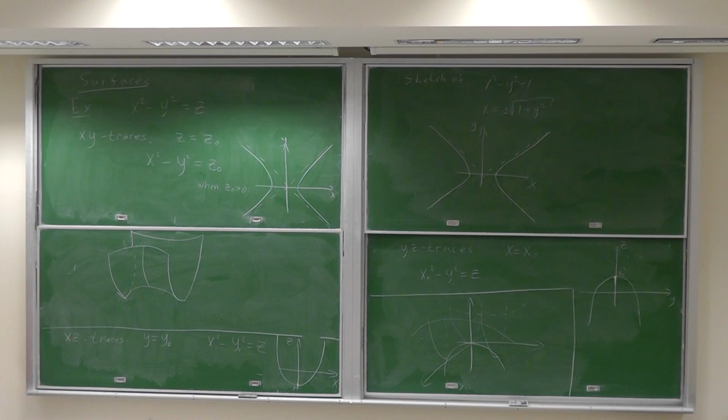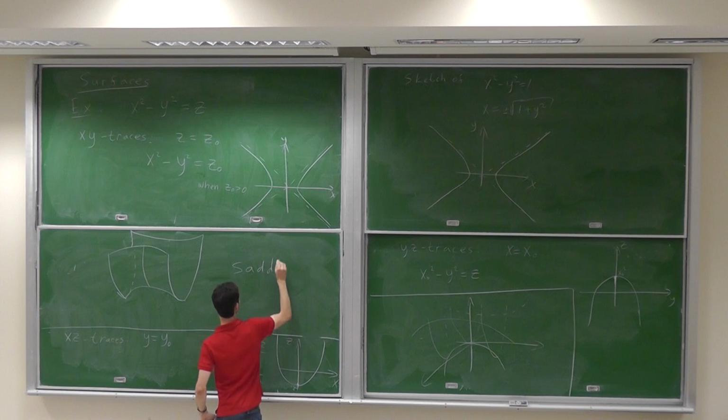Something like this: a shape which is curved like this in this direction, like this in that direction. And if you think where you have seen such a picture, it's the shape of a saddle.